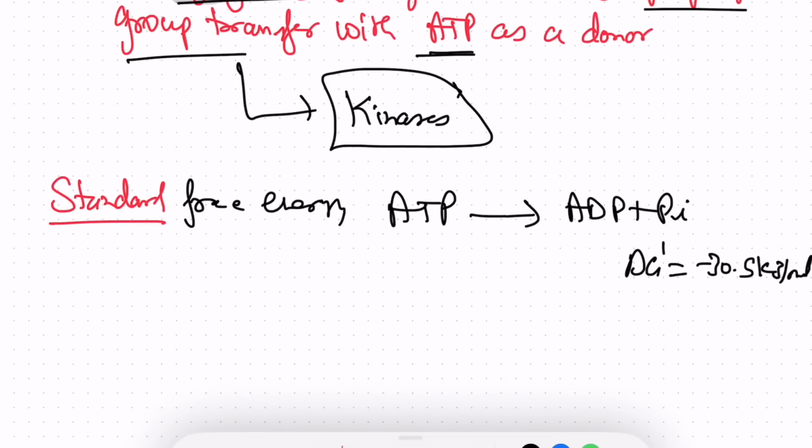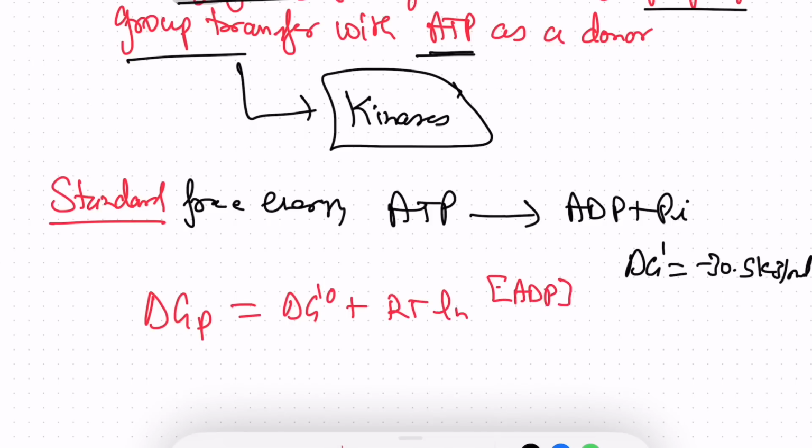Now if you calculate the actual free energy of ATP hydrolysis, this is at standard condition, and at the actual condition we represent it with delta G p. For ATP we use this term delta G p. It is equal to delta G naught prime plus RT ln of the concentration of ADP, the product, times the concentration of Pi, divided by the concentration of ATP.